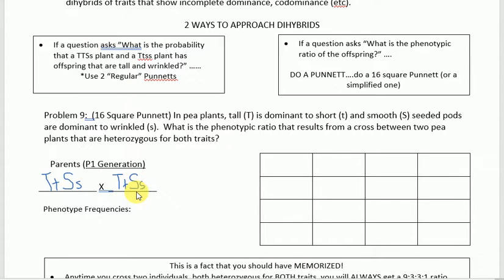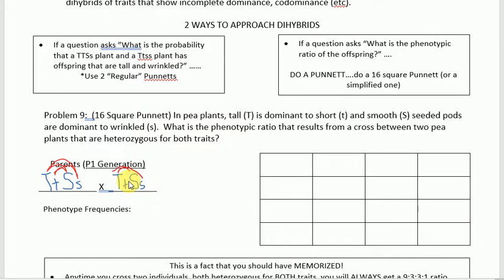So what you are going to do is, if you remember from math class, I think it's called foiling. Math was not my strong suit. But basically, you're going to figure out all the possible gametes that could come out of this. You're going to cross this T with this S, and then with this, and this T with this, and this T with that, and you're going to do that on both sides.